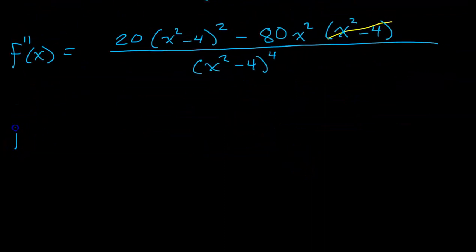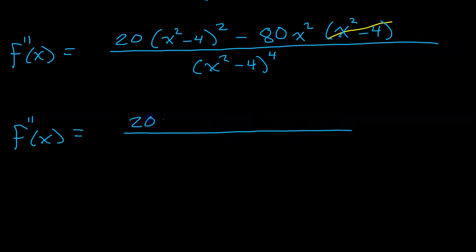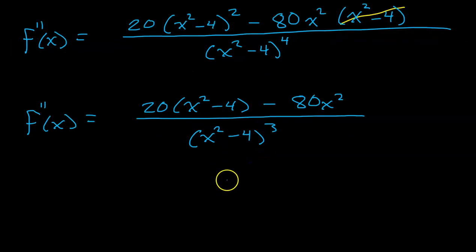So I will have f double prime of x is equal to, so now I will just have 20 times x squared minus 4, because I've taken one factor of x squared minus 4 away, minus 80x squared. That's gone. And in the denominator, we have x squared minus 4 to the third power.